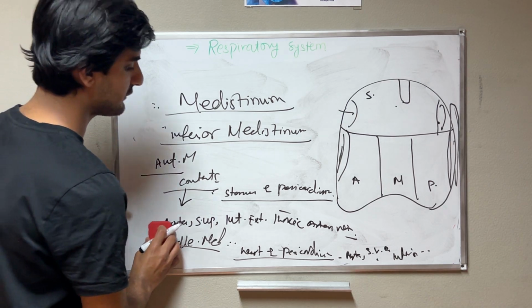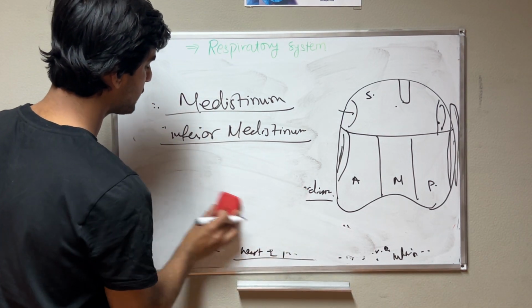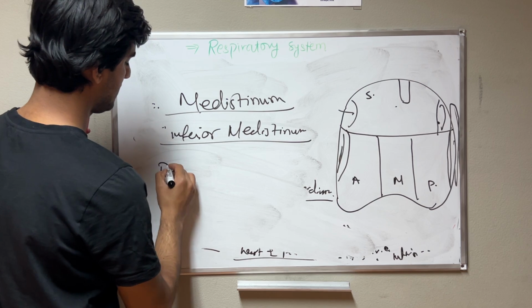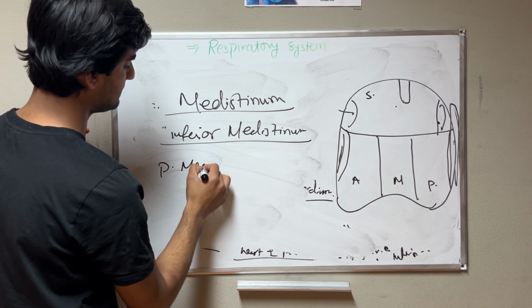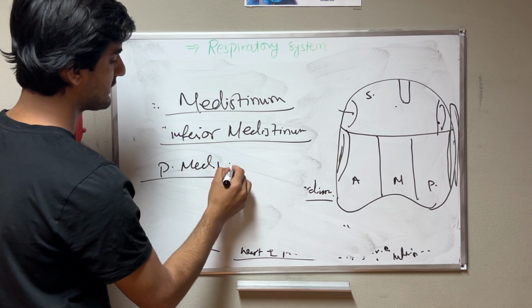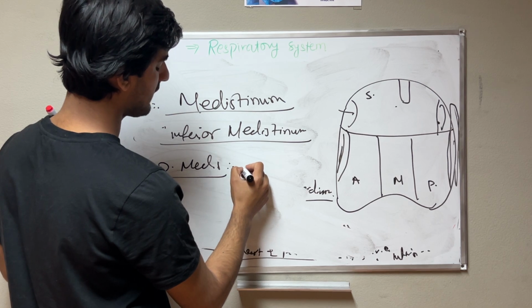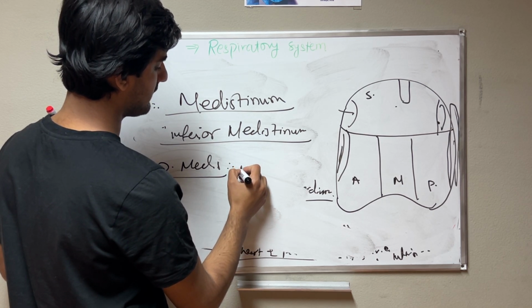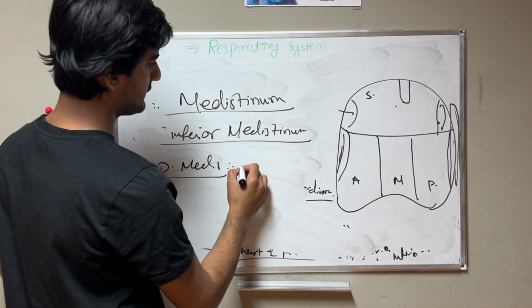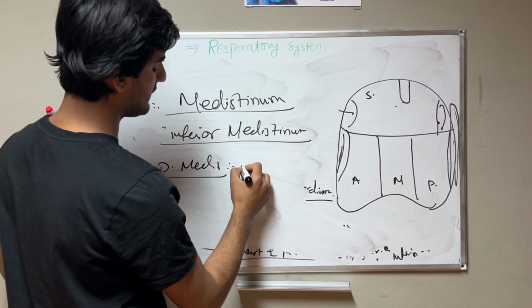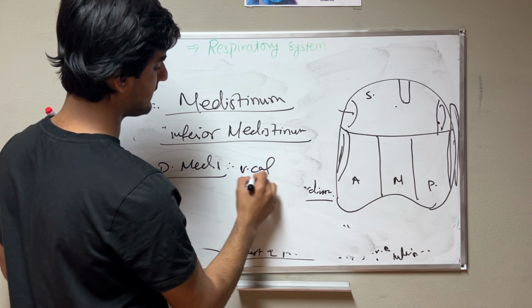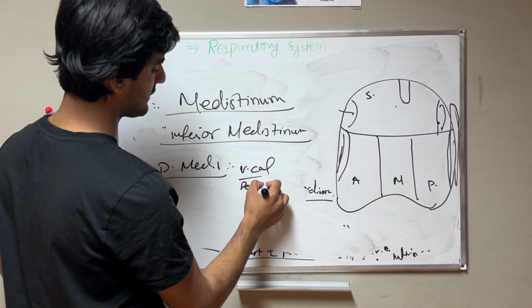And the last one, the remaining one, is the posterior mediastinum, situated between the vertebral column and the pericardium.